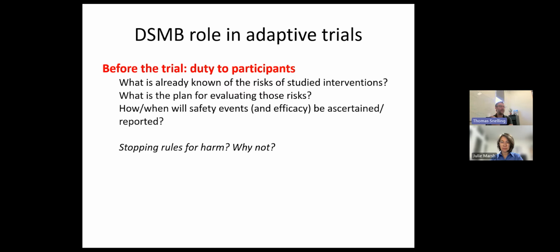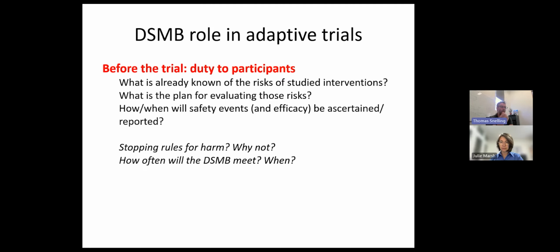And if we're expecting them just to use their own judgment for stopping, then why is it? And the typical reason for not giving them specific stopping rules is that some harms are not anticipated. But for harms that are anticipated, we need to consider whether there should actually be explicit rules rather than just expecting the DSMB to apply their own rules.